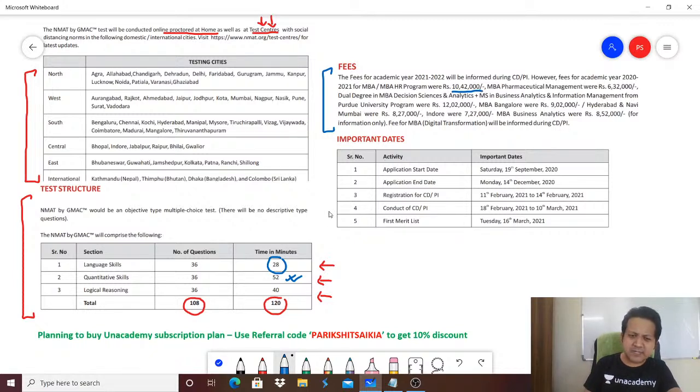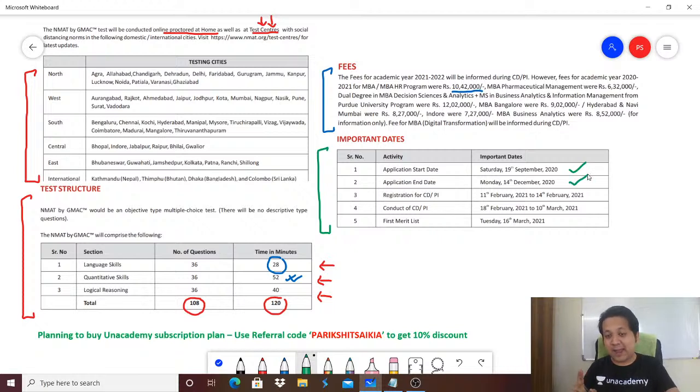And next, I am summarizing the important dates once again so that you don't miss out. The application process has already started on the 19th of September. It ends on the 14th of December. And remember, before you write the exam, you also need to apply to NMIMS Mumbai University separately.